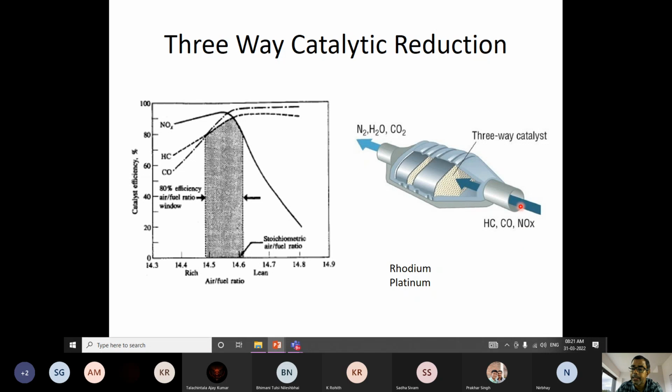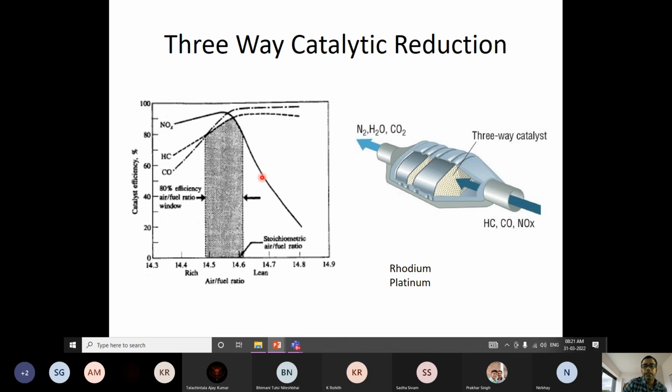These are the chemical reactions that take place inside the three-way catalytic converter at the specified temperature. With this hint, you may analyze why we need to run the engine in such a narrow range of the air-fuel ratio to get maximum conversion efficiency for all three pollutants. And once you deviate from this narrow range, the conversion efficiency reduces drastically.